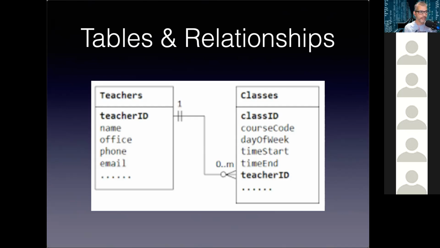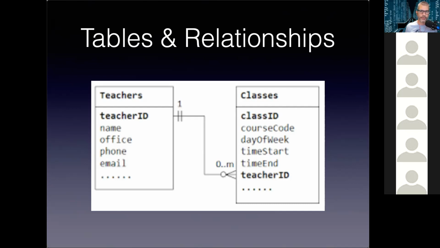So one teacher lines up with 0 to many representations of that teacher in the classes table. So we cannot have more than one teacher ID that is the same in the teachers table. That is the primary key for that table. It must be unique for each record.